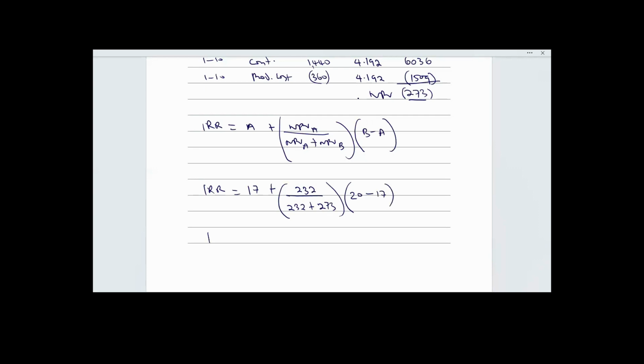So finally, what do you have as IRR? 232 divided by 510. Is it 510 or 505? Whatever.